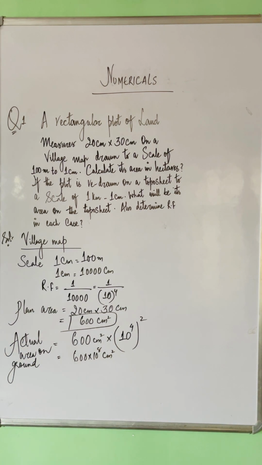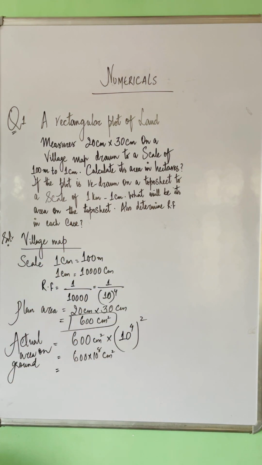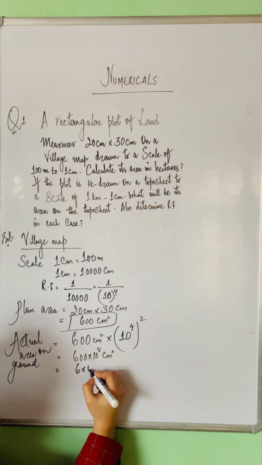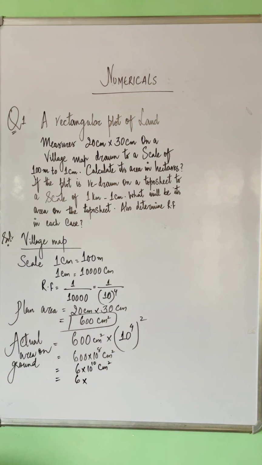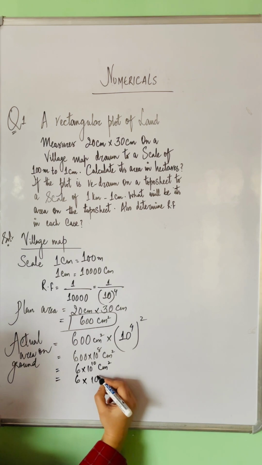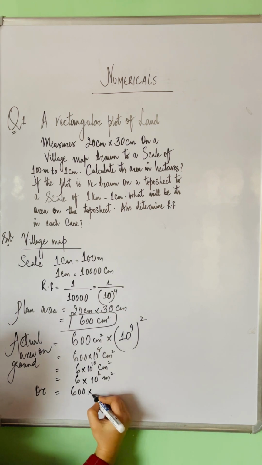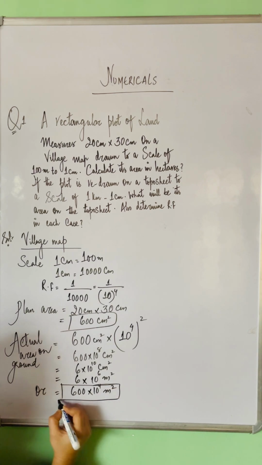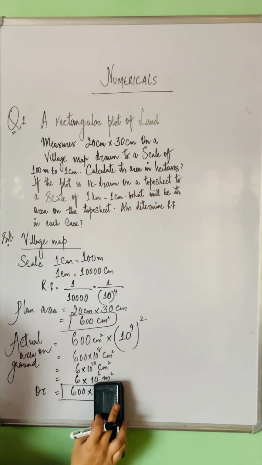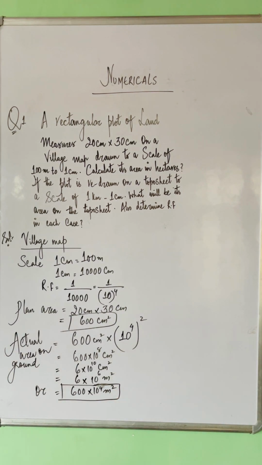But we have to report our answer in hectares, right? So this is 600 into 10 raised power 4 meters square. Or if I have to report it in meters, it is equal to this, or I may report it like this, right? So what is the actual area of this rectangular plot of land on the ground?